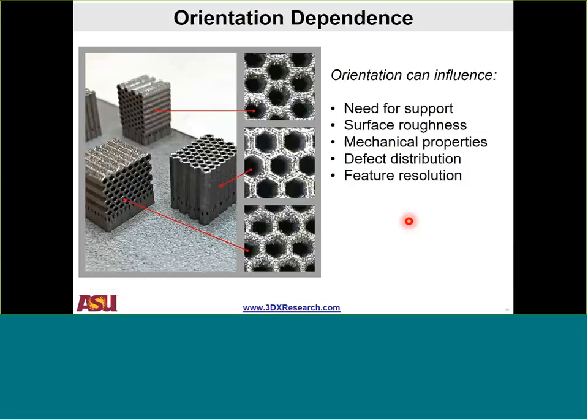The second point is orientation. This is, again, a honeycomb in metal with laser powder bed fusion, oriented 3 different ways without any internal support because it's so small. You can see that the surface texture and surface quality are very significantly different. In a bulk structure, you may say, yeah, I know that, what's the big deal?